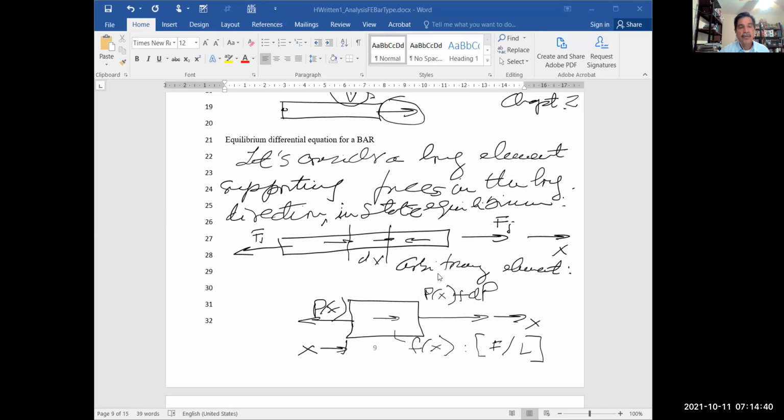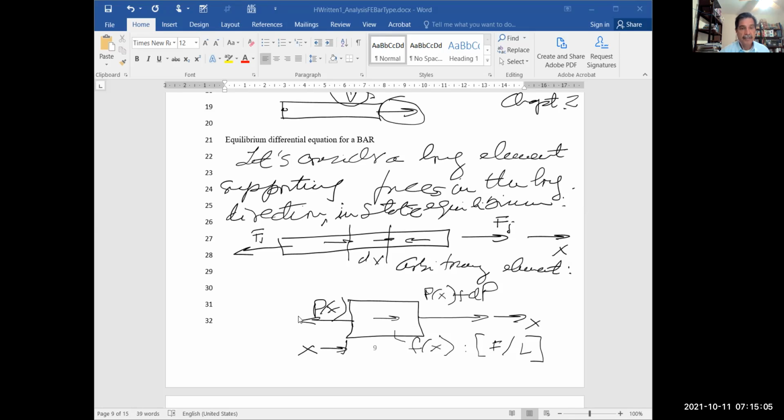Okay. Since we assume that the section is uniform, okay, we could specify this force easily as a product of the uniform stress times the area, and the area is constant, okay? So this change will be related to the force per unit length, which is applied in this piece of element.